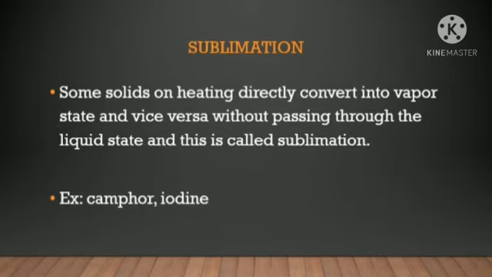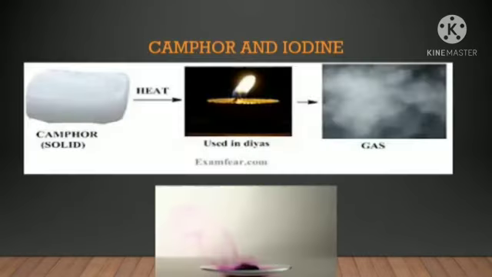Such substances are camphor and iodine. Camphor is always available in your house, in Kannada it's called karpura. Whenever your mother lights the karpura in your puja room, you can see there is no liquid state in between. When you light the camphor, it directly gets converted to the gas state. This happens with iodine also. Iodine is a chemical.